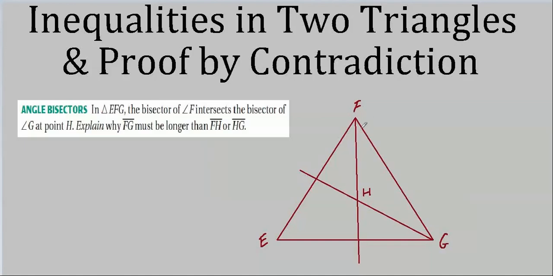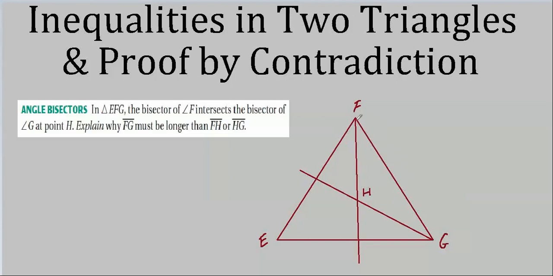There's only one thing I see that would make this definitely, provably longer than either of these. And that is this angle here. Looks way bigger than either of these two. How do we show that it's bigger? Well, these two angles are half of the original angle in this triangle, right?